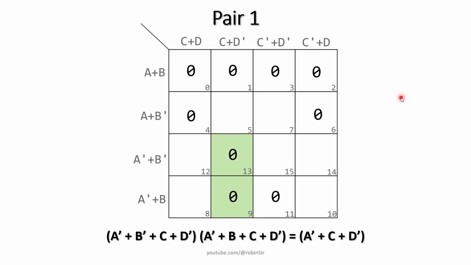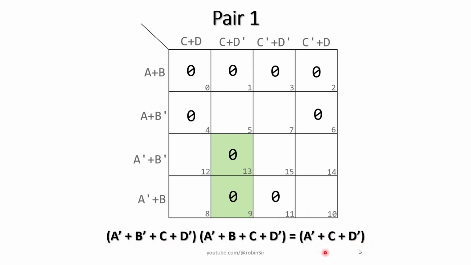And then we have a pair. A pair only removes 1 variable. That's why when we write down these terms for the pair, we see that only B is 1 variable which is changing. Otherwise, A naught remains the same, C remains the same, and D naught remains the same.